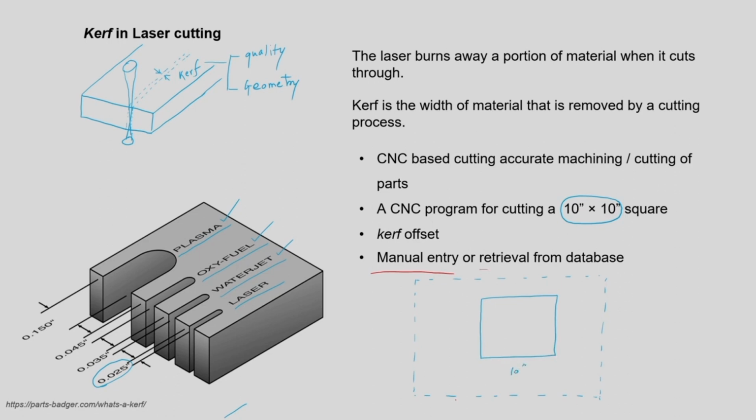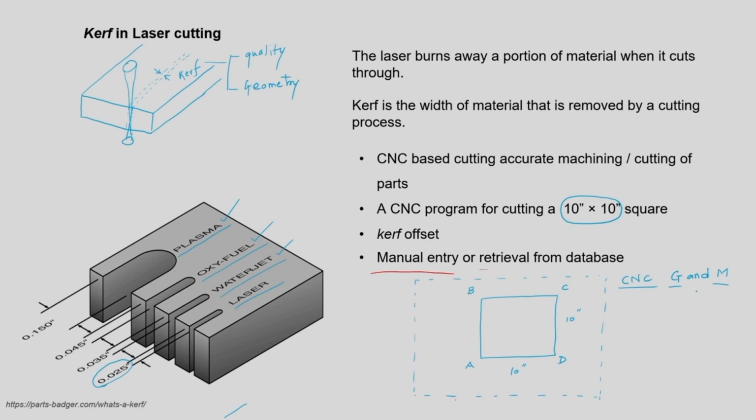So, there is a square that we need to cut, and let us consider its corners are A, B, C and D, and we are using CNC technology to cut the piece. Now, to generate the part program or the tool path, we have to write G and M code, that is preparatory and miscellaneous code.